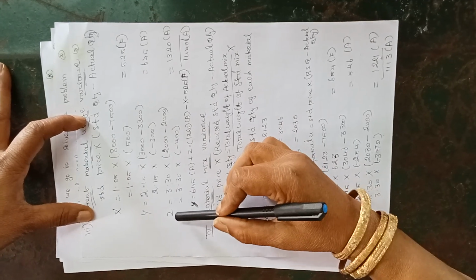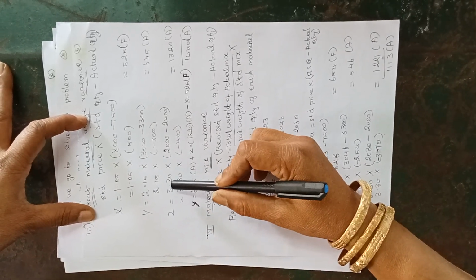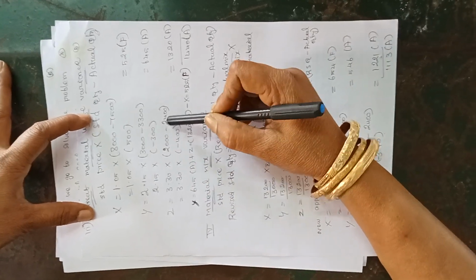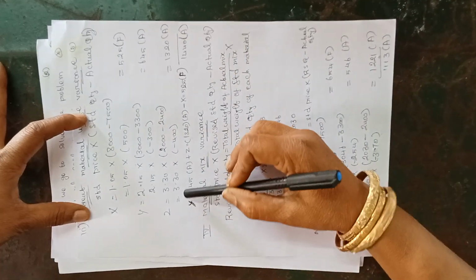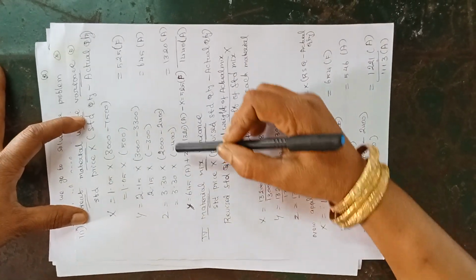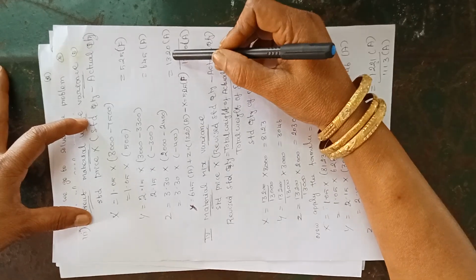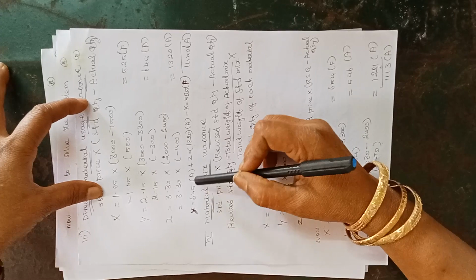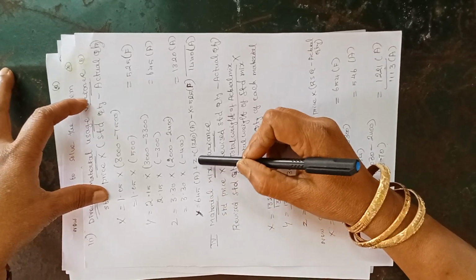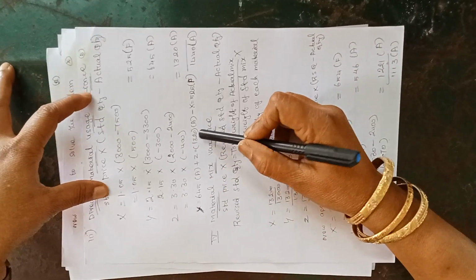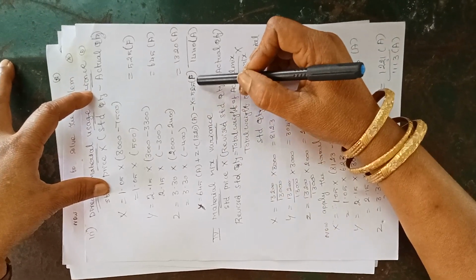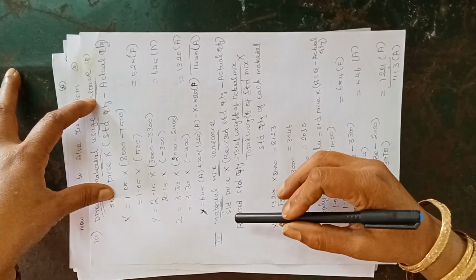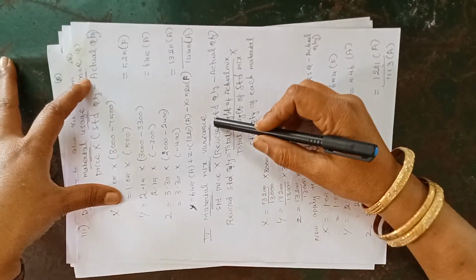Z equals 3.30 into standard quantity 2000 minus actual quantity 2400, 3.30 into minus 400 equals 1320 adverse. So Y 645 adverse plus Z 1320 adverse minus X 525 favorable, total 1440 adverse.